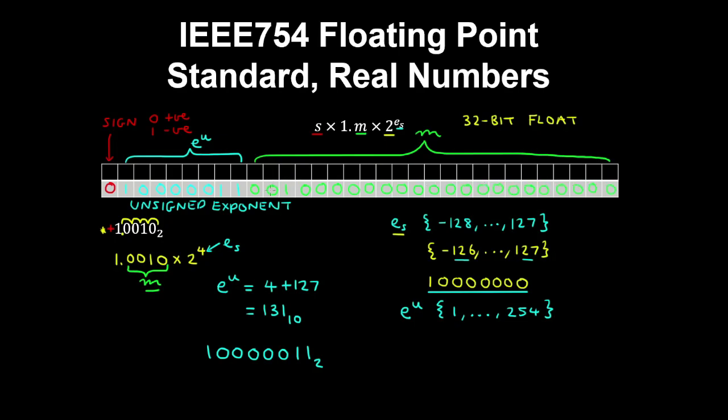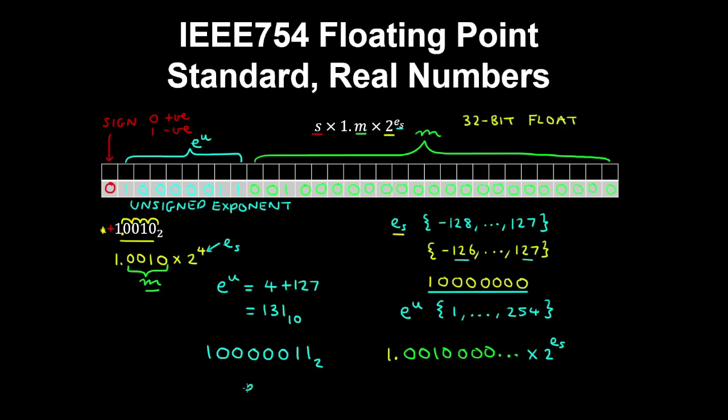So to convert back to our number, we have 1 point, the mantissa, which is 0010, 000, and the rest zeros. And that's multiplied by 2 to the power of the signed exponent.